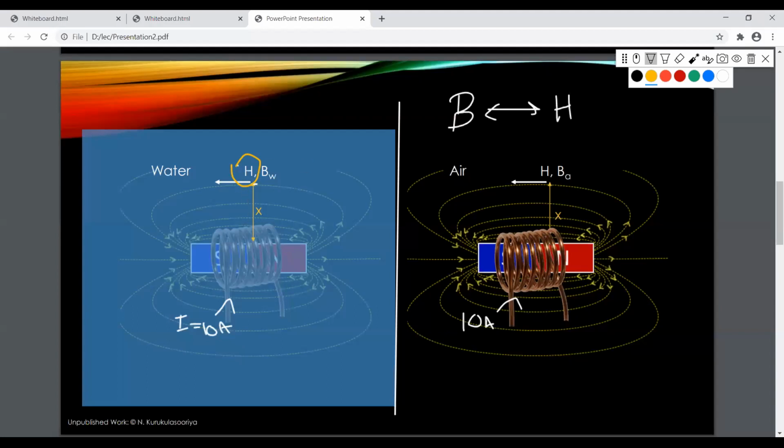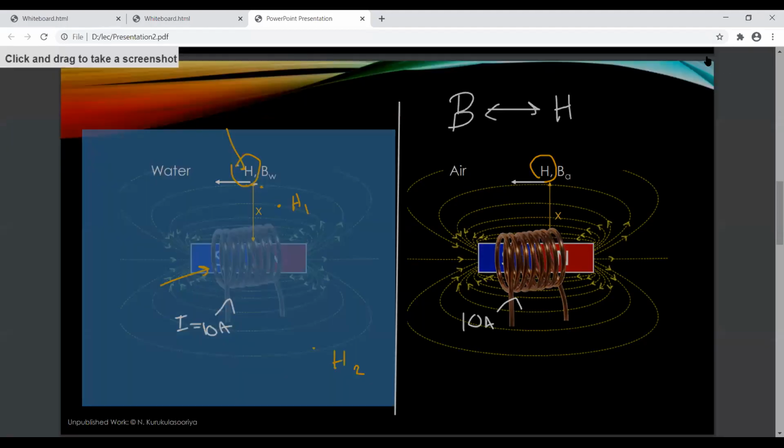Therefore, the magnetic field intensity should be the same for both scenarios. Remember, this magnetic field intensity is defined for a point in space. So this H is defined for a point in space. It's not a property of the magnet, but directly related to the magnet. If you take another point, the magnetic field intensity would be different. And if you take a point farther away, it's again a different value, right? Those things I believe you already know.